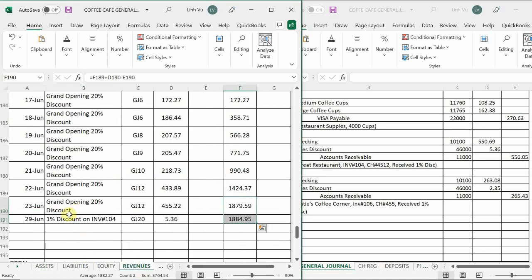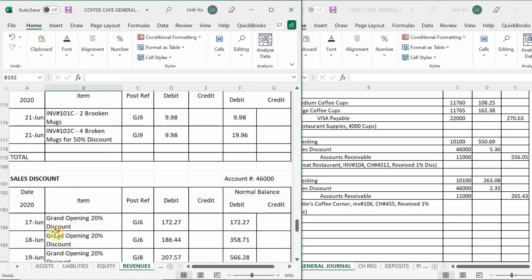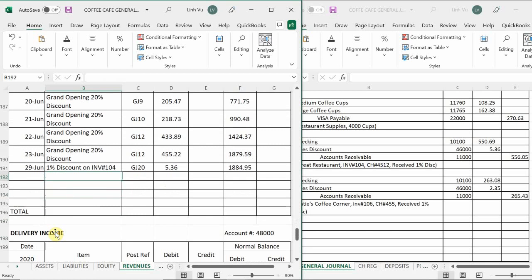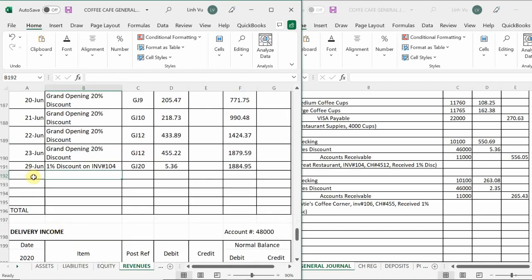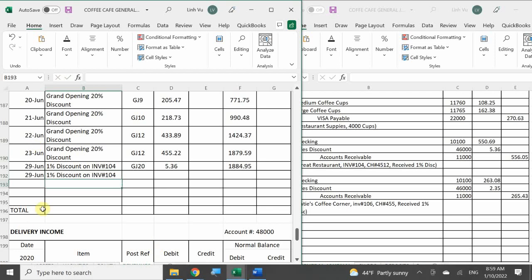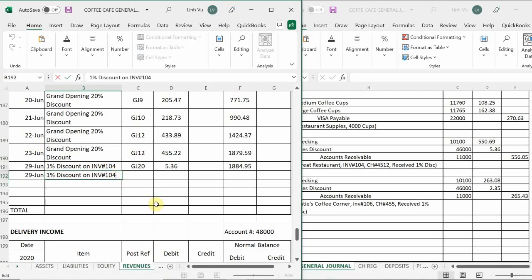Let's go to revenues real quick. Here we are at sales discount. Okay. 1% discount on invoice number 106.